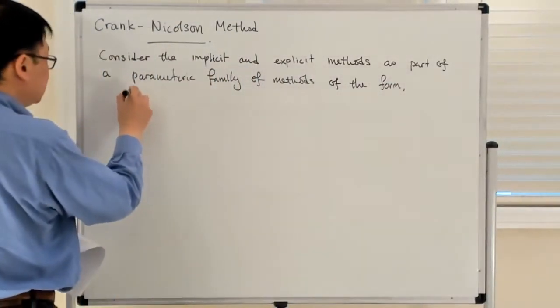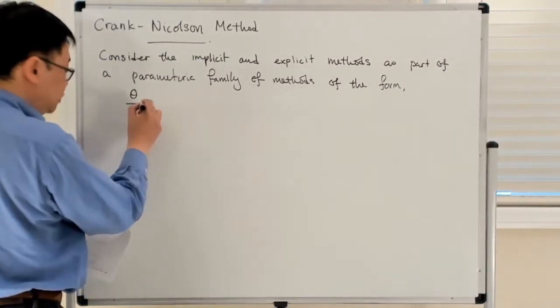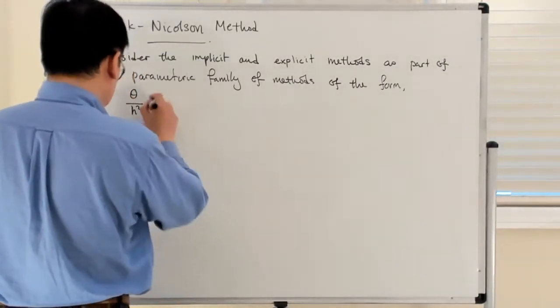So what I'm going to do is essentially interpolate between the implicit and explicit methods. Okay, so I have a theta, which is this interpolation parameter.